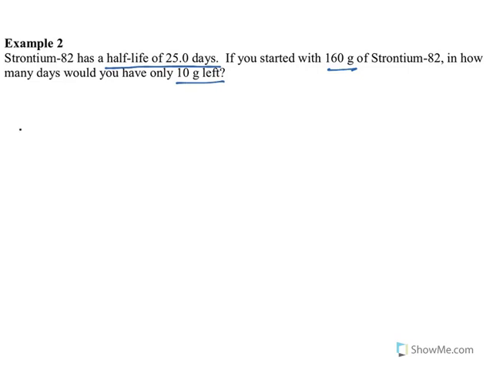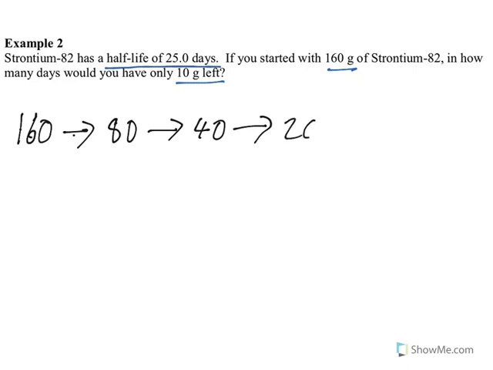Alright, so let's have a look at how we might do that. If we start at 160, then in one half-life that halves, and that's 80. In one half-life that halves, and that's 40. Another half-life halves, and that's 20. And another half-life halves again, and so there's 10. So we started with 160, we end with 10.